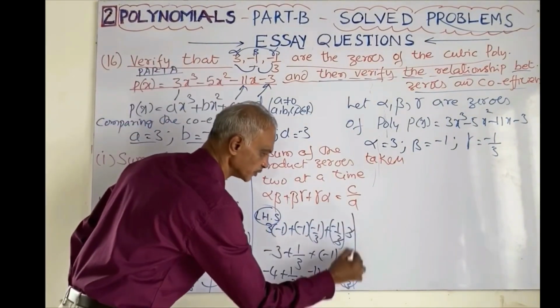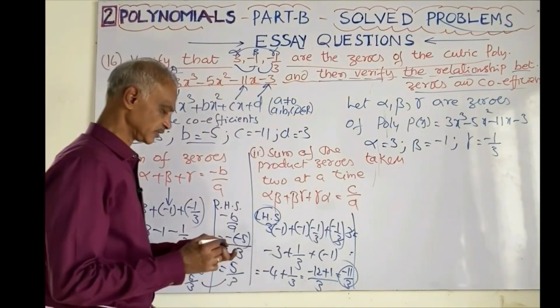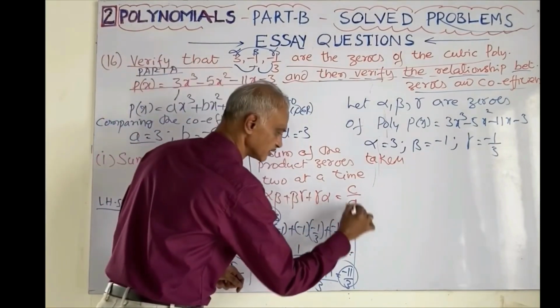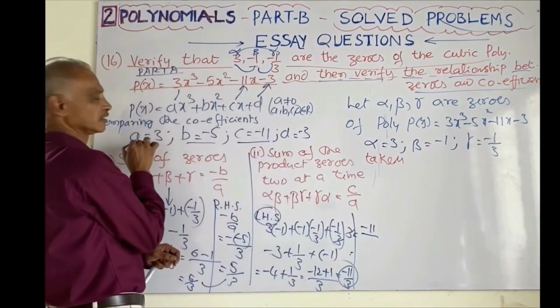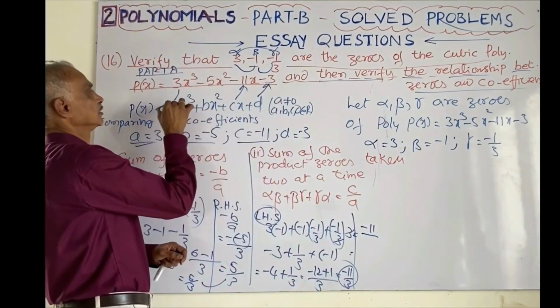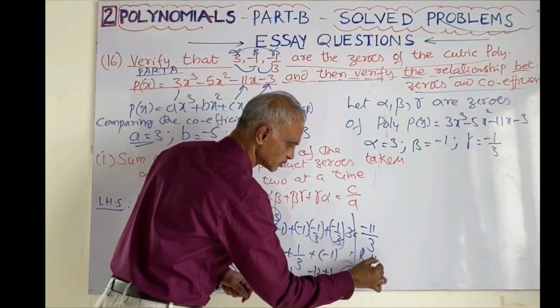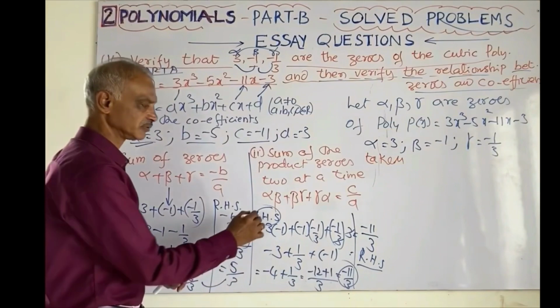RHS also should be equal to minus 11 by 3. What is C here? C is minus 11 by, what is A here? A is equal to 3. Yes, RHS also I got minus 11 by 3. LHS is equal to RHS.